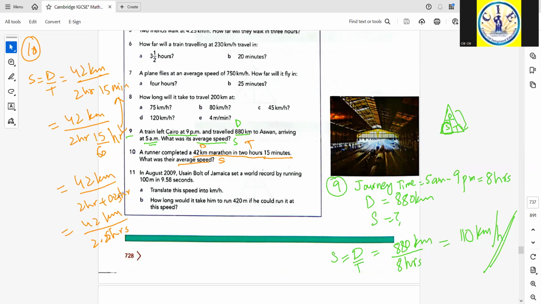So the answer would now be 18.7 kilometers per hour, because 42 divided by 2.25 is 18.67. So that is the answer to question number 10.